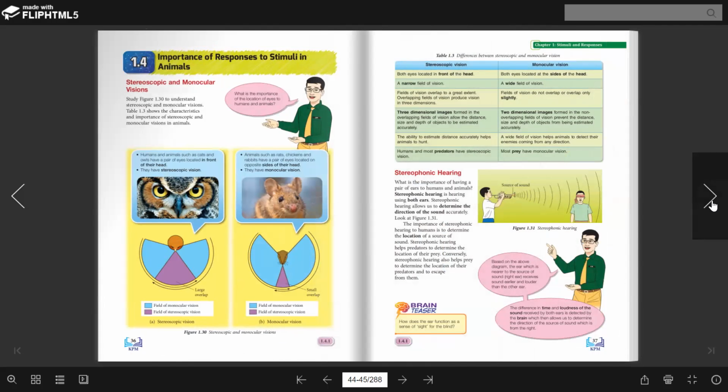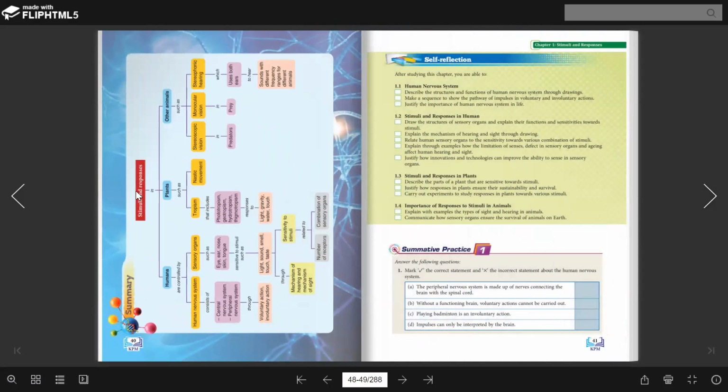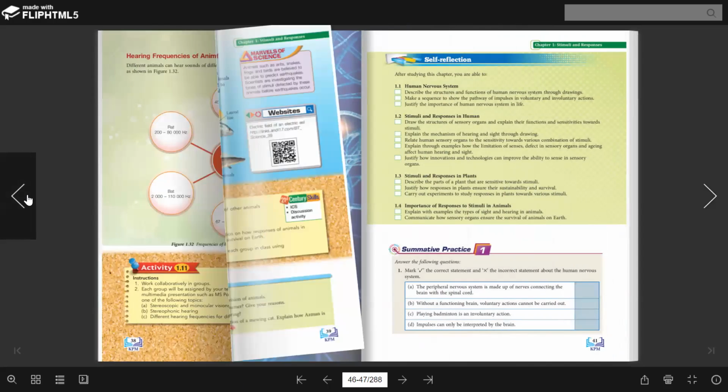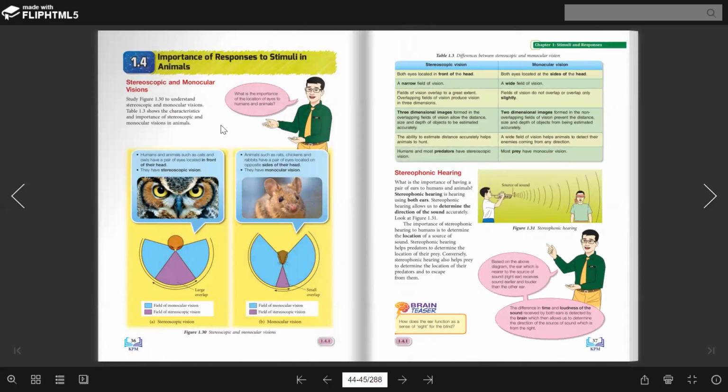Okay guys, let's see what else. The next one is the importance of response to the animal. In terms of vision, we have two types: either stereoscopic vision or monocular vision.